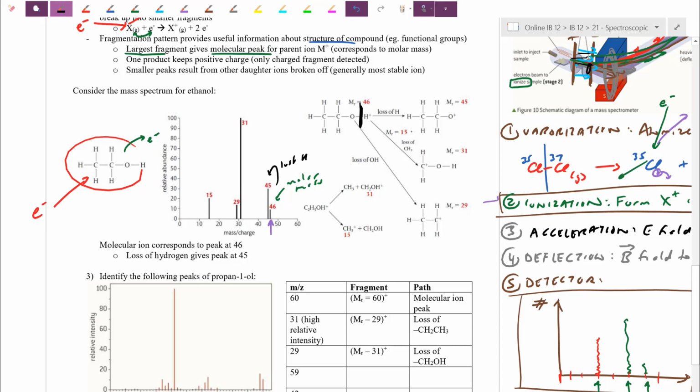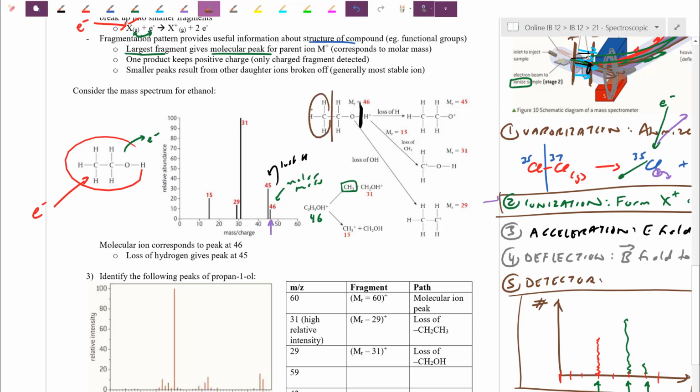What if I lost a mass of 15? Well, 15 on your data booklet is characteristic of a methyl group. Again, we start off with a parent ion. It's 46. This one is positive, so it's going to be sent through the device. As I crack this, let's say I break off the CH3 grouping.